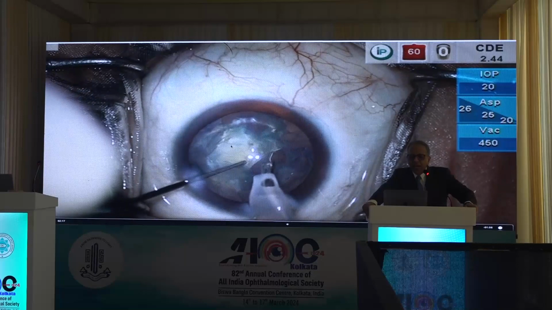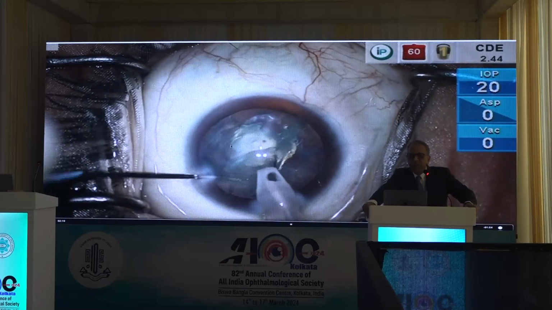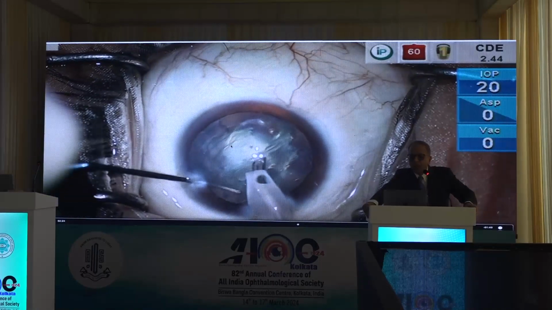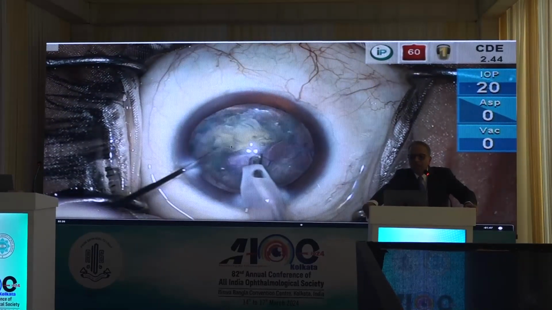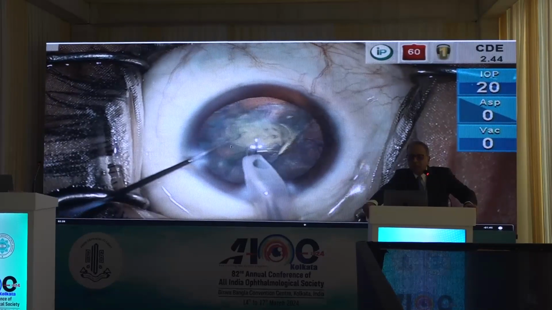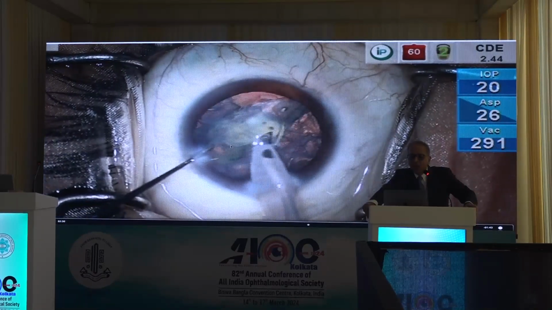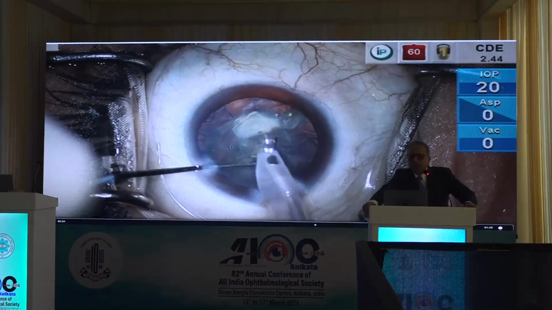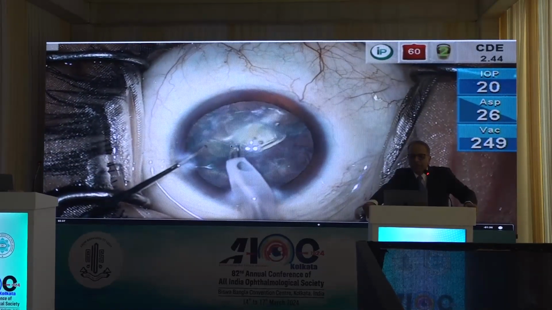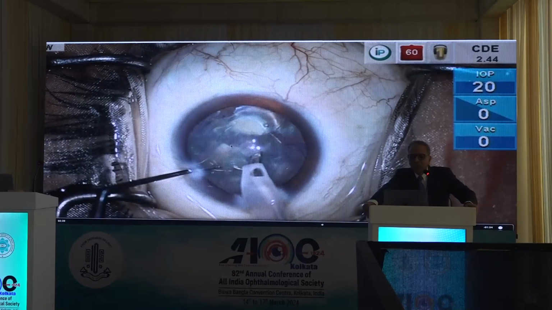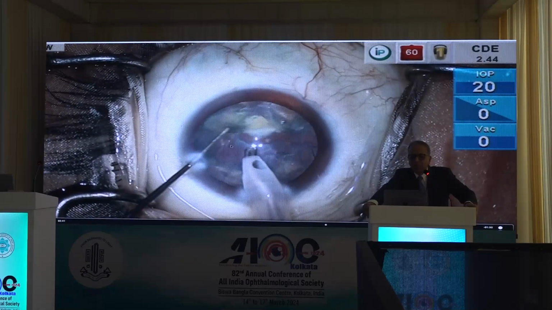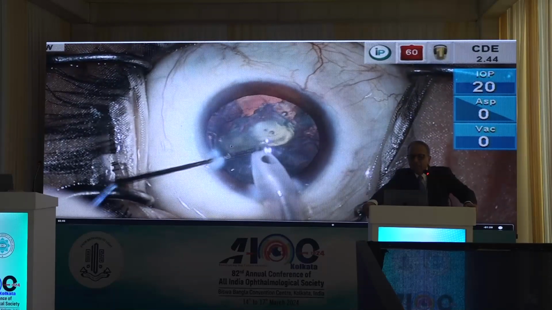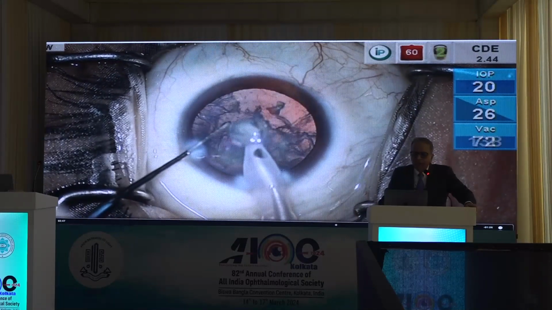Once that is done, with this low IOP, wherein there is hardly any difference, it's a physiological IOP totally, low fluidics whatsoever, a nucleus floating, not being pushed behind, with the visco and the low fluidics, I'm able to complete emulsification by totally dislodging it from the periphery. Once that is done, you will find that emulsification is complete in a very slow motion manner. So you can see now it is being completed.